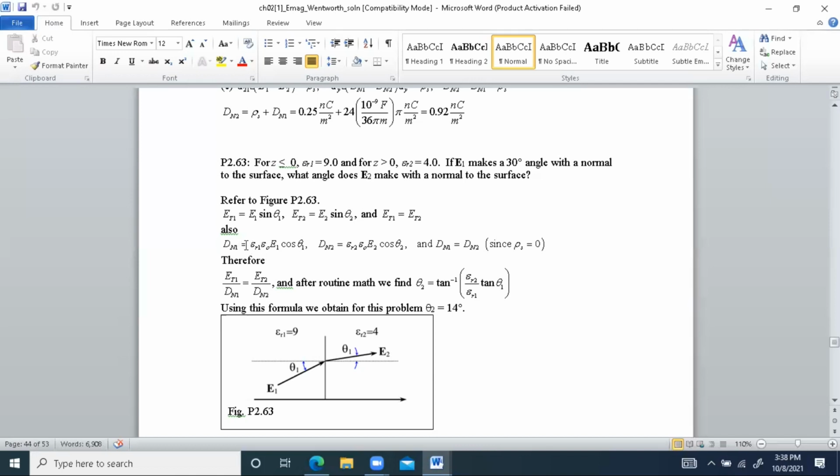You see this? Yes, sir. And then your D normal 1 equals D normal 2, so you equate these and you get this. And you do a little trigonometry, you get the theta 2.